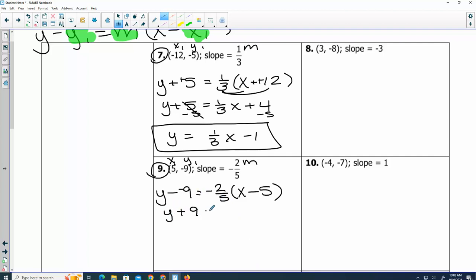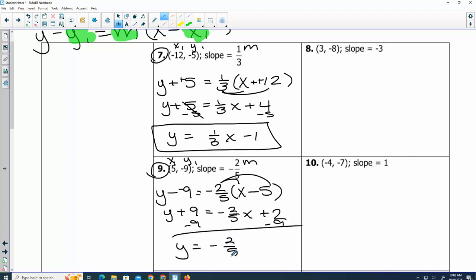So that's a y plus 9. Distribute. So negative 2/5 times x is negative 2/5 x. Negative 2/5 times negative 5 is positive 2. Subtract our 9. So we get negative 2/5 x minus 7.